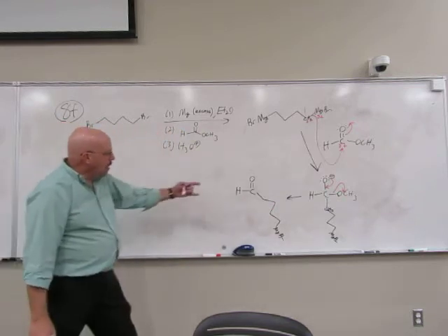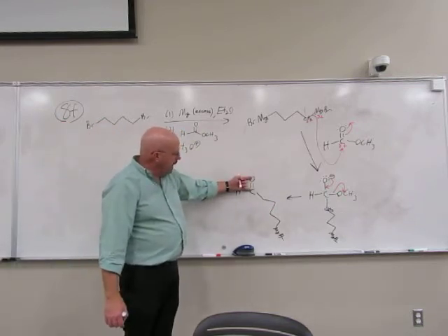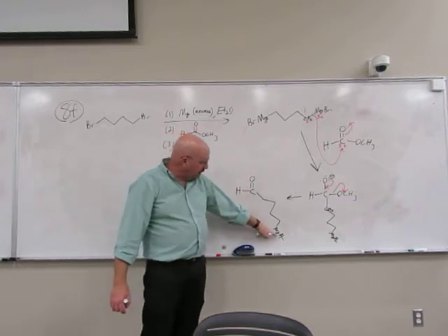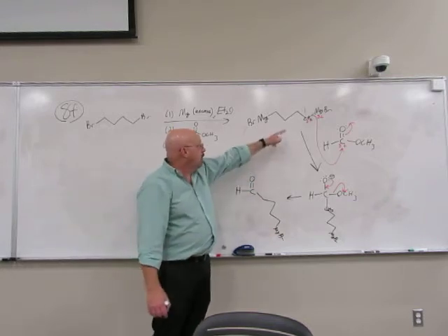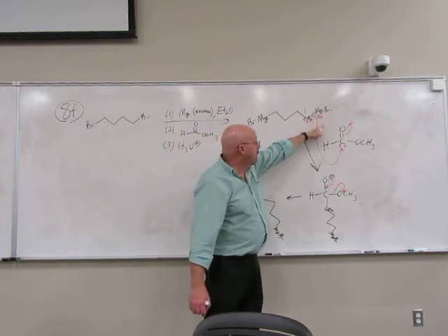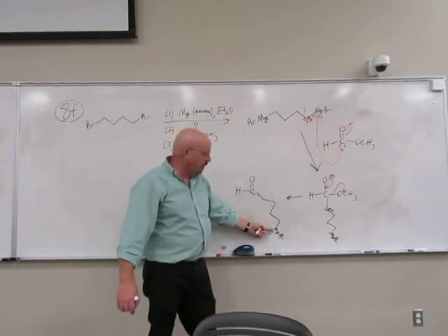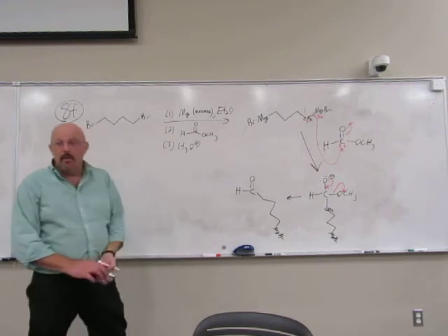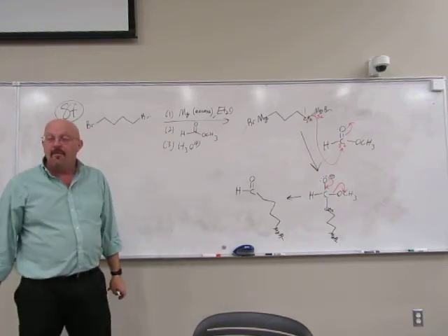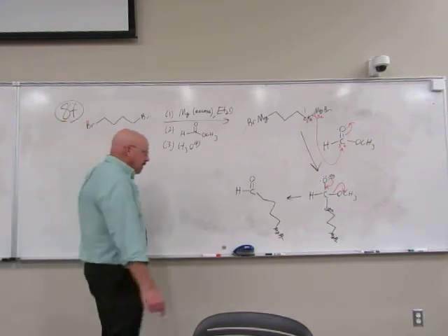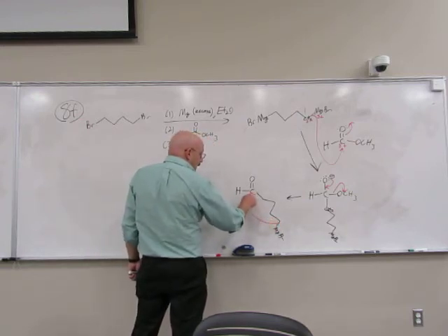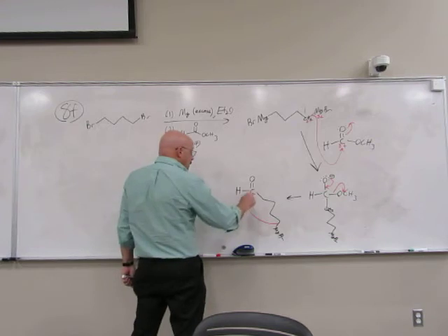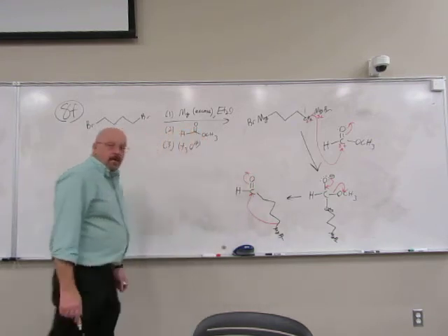Now, I have a carbonyl that we've remade, and there's also still a Grignard down here on the other end. We used one Grignard on one end, but I've still got the Grignard back here. It's still on there. Got a carbonyl, got a Grignard. You know what happens: the Grignard reacts with a carbonyl. So this one is also going to react with the carbonyl, and we'll kick the electrons up onto the oxygen.